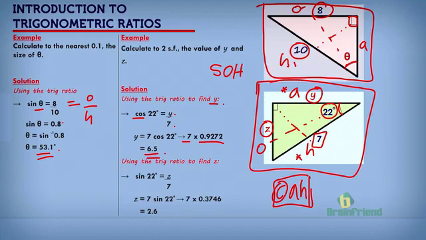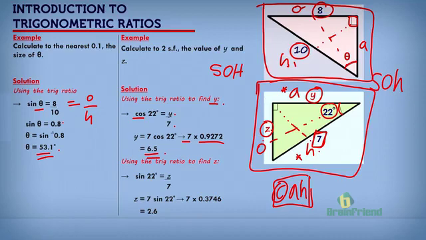Now let's go ahead to find z. The side z and the side that has a figure that we can use in calculating is the opposite and the hypotenuse. So what trig function can we use when we know that the sides in play are the opposite and the hypotenuse? It's the SOH, which is the sine.